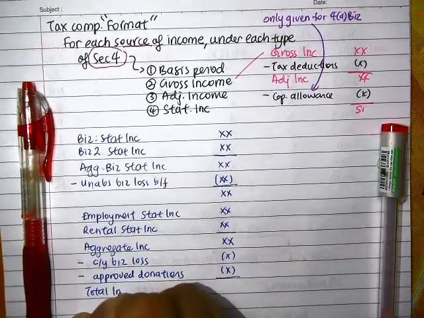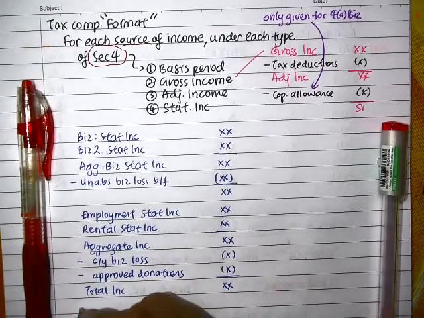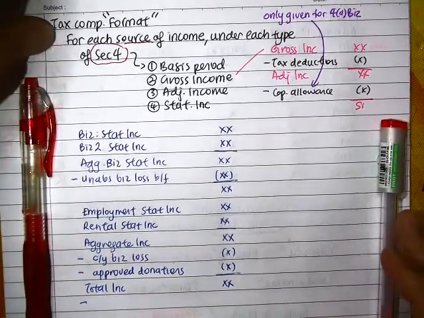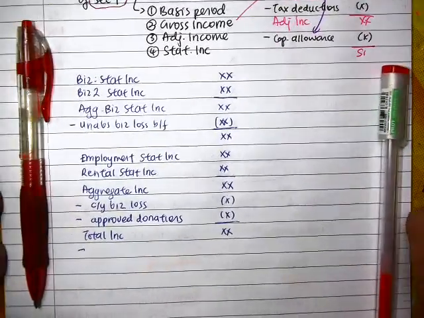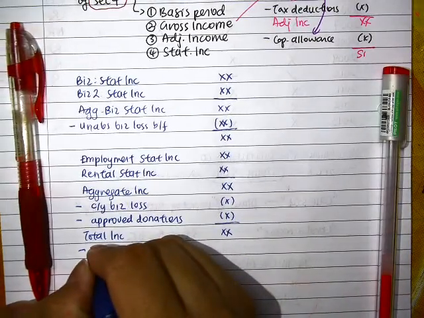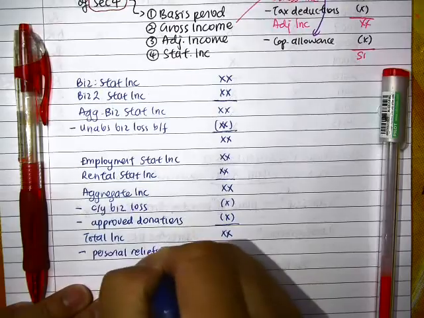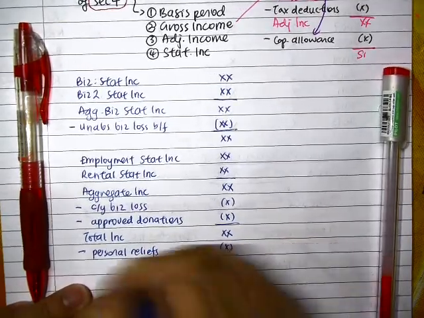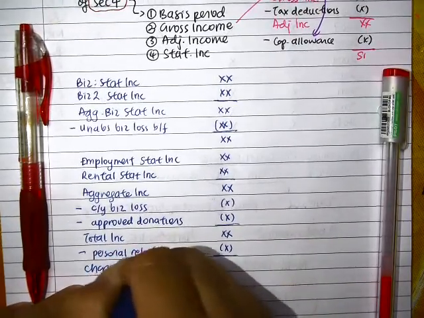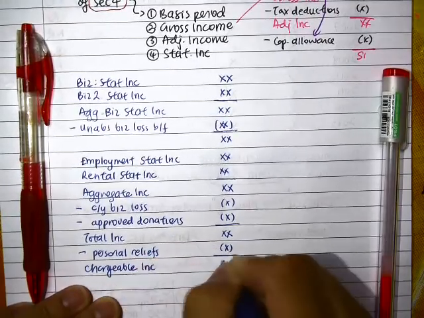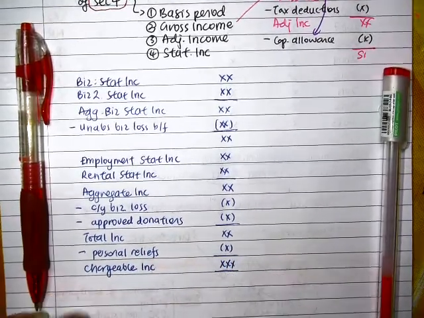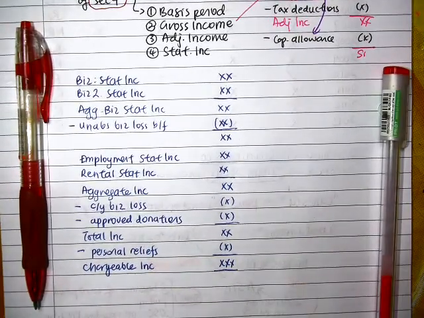Then you get total income. Now from total income, if this is a resident individual, you will give them personal relief. Then you get chargeable income. And of course with the chargeable income, you're going to calculate the tax.